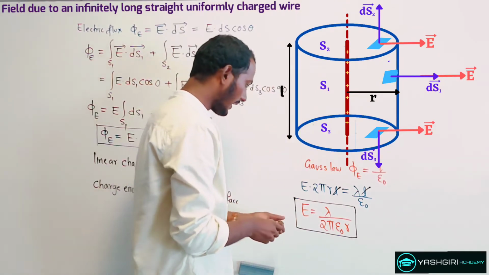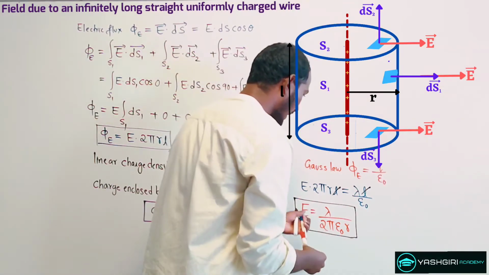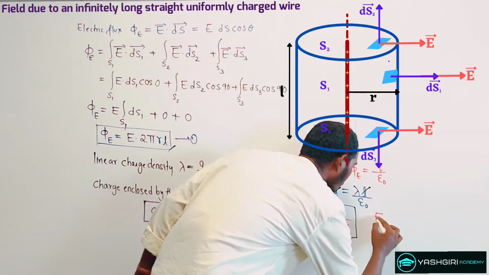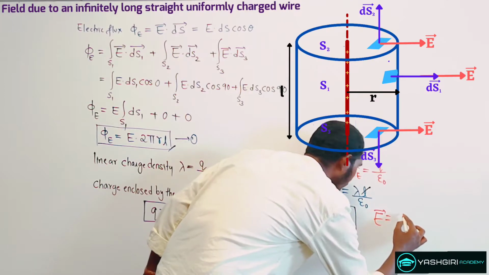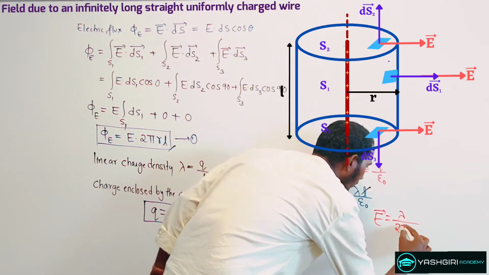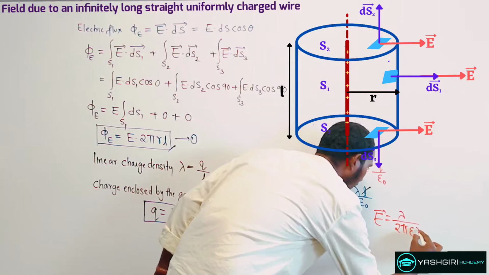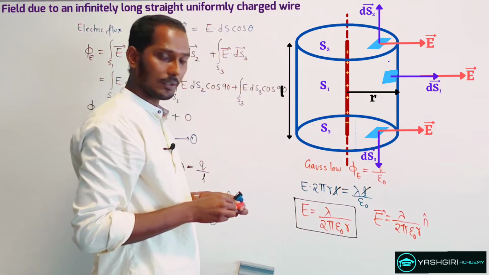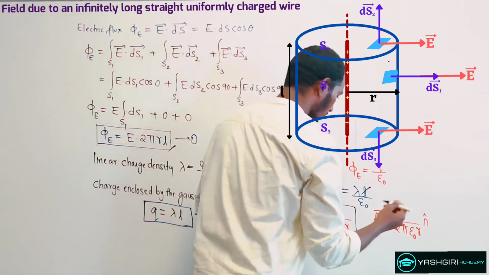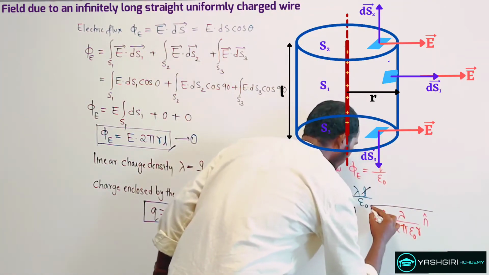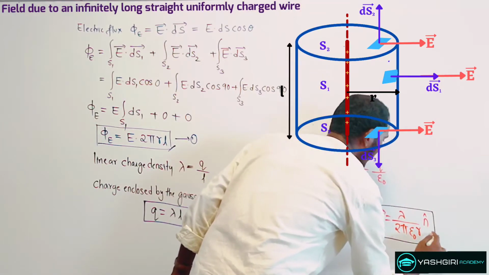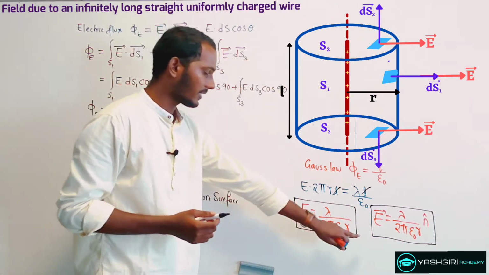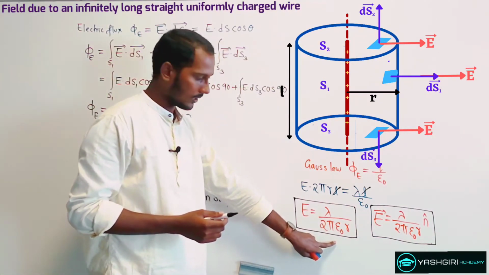So I can just rewrite this: the vector form of the electric field will be equal to lambda upon 2π epsilon naught into r along n cap, where n cap is the unit vector of the radial field. So this is the expression that we have got.